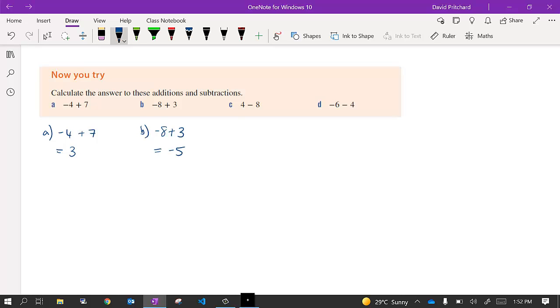So end up $5 owing. C, we've got $4 and we owe 8. So if we got $4, pay that $4, we still owe another 4. And then finally, our last one, we owe 6 and we also owe 4. So if we owe 6 and we owe 4, then altogether we owe 10.